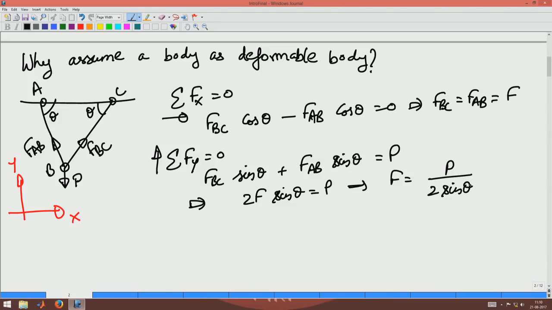So, you have found the member forces FAB and FBC from simple equilibrium equations.